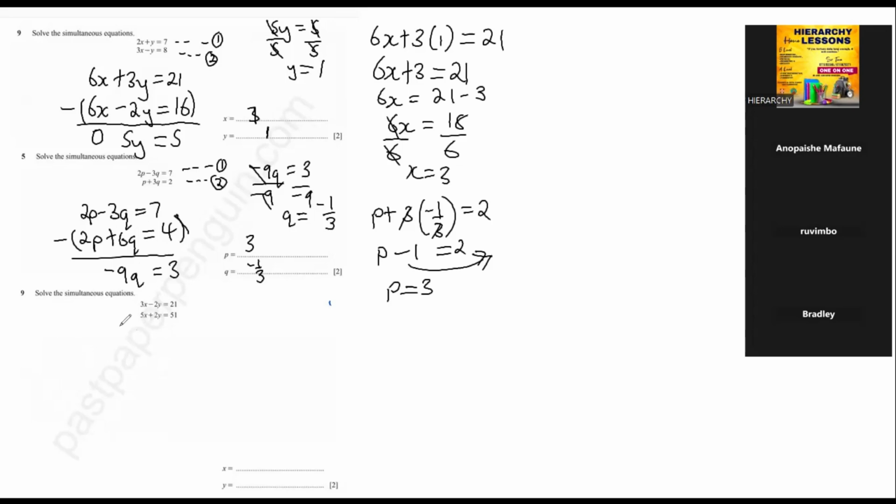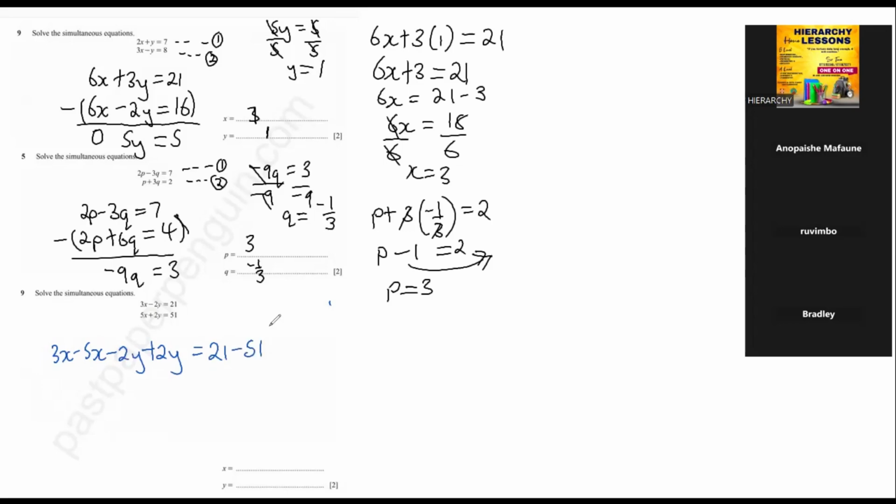Okay, let's see. I want to try. So you're saying 3x minus 5x, minus 2y, plus 2y, equals 21 minus 51.